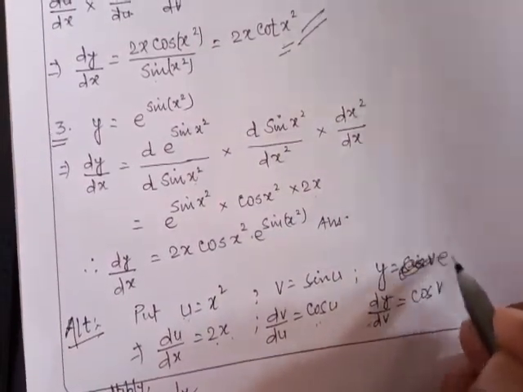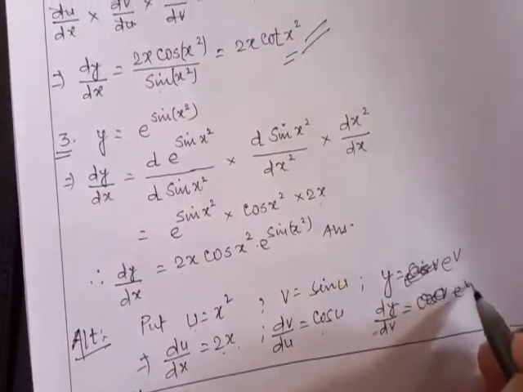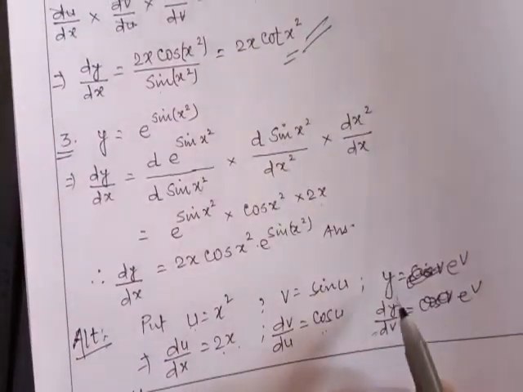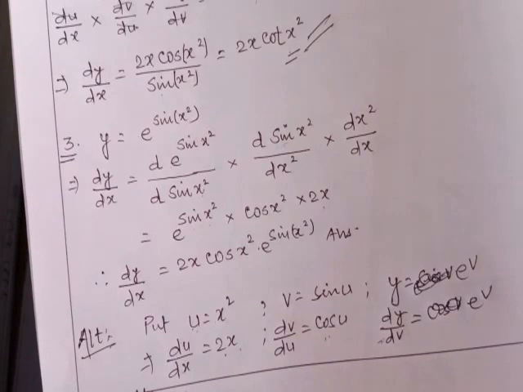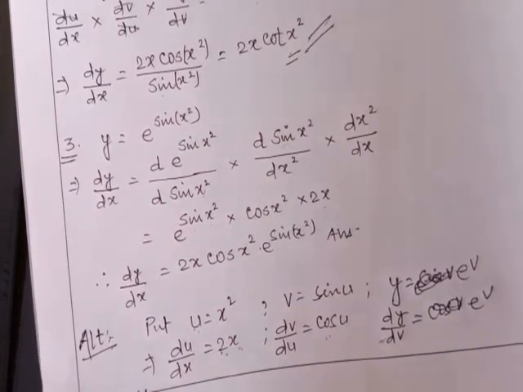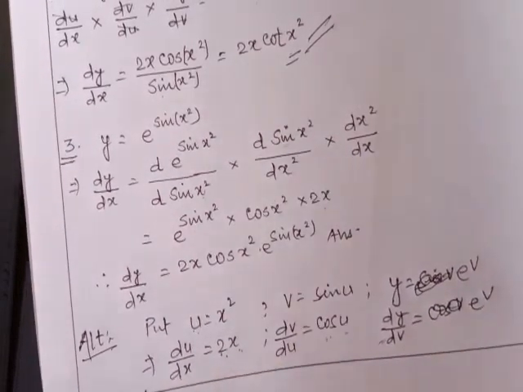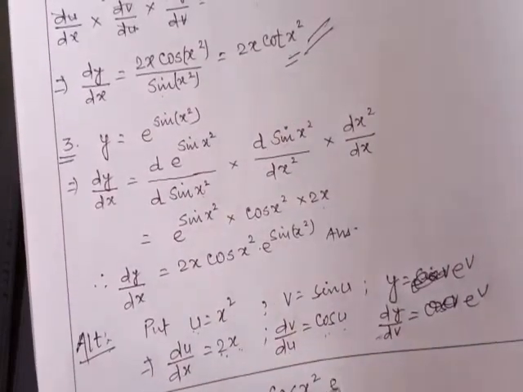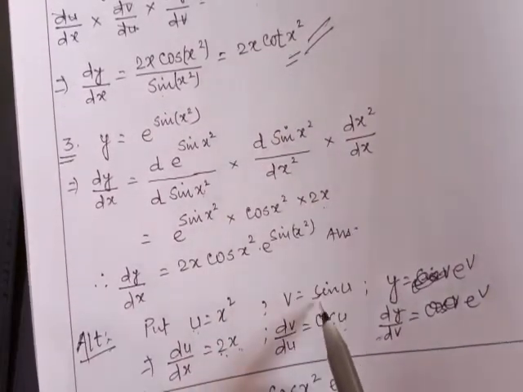So 2x cos u means 2x cos x square into e to the power v. E to the power v means e to the power sine u, and e to the power sine u means e to the power sine x square.